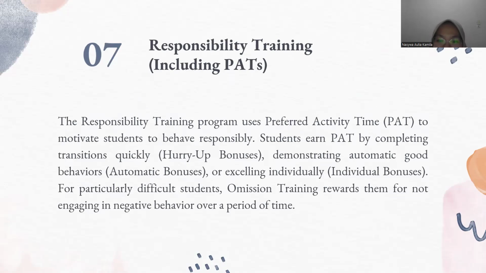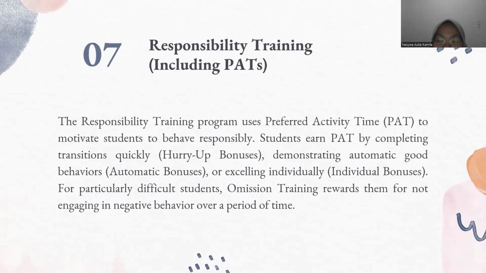Responsibility training mainly uses preferred activity time, or PAT, to reward students for good behavior. PAT can be earned through, first, hurry up bonuses, like finishing a transition quickly, and then automatic bonuses, like automatically showing responsible behaviors, such as sitting quietly after the bell.